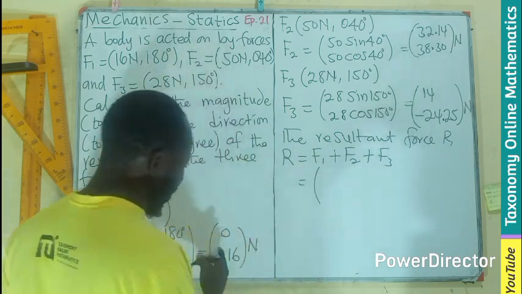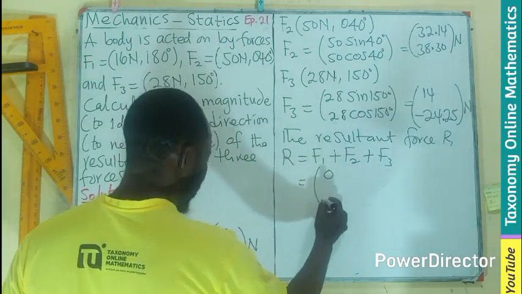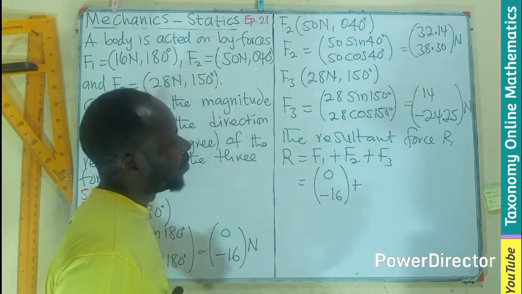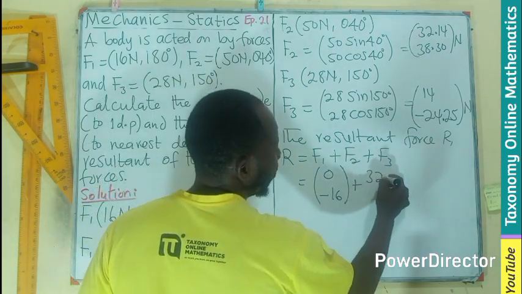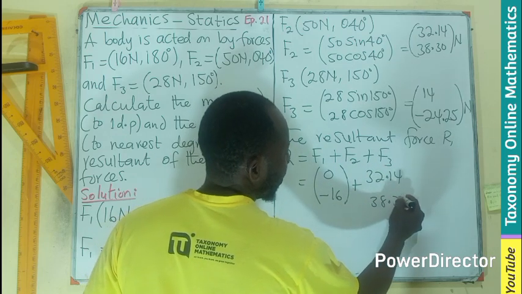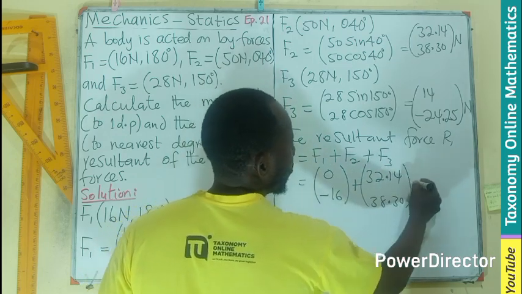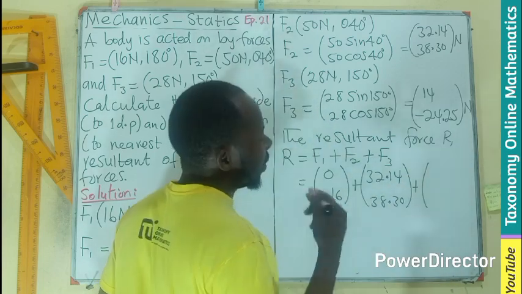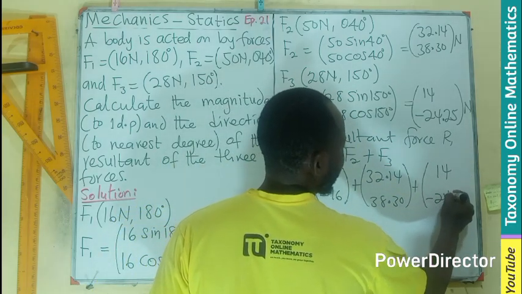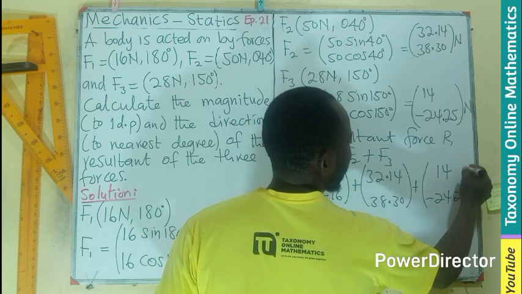For the first force, we have 0 and negative 16, plus the second, 32.14 and 38.30, plus the third one, 14 and negative 24.25.